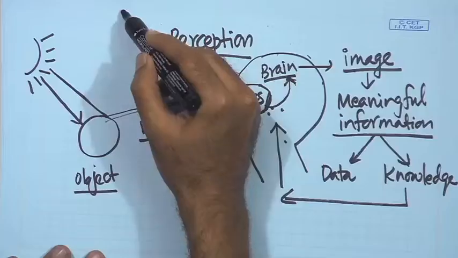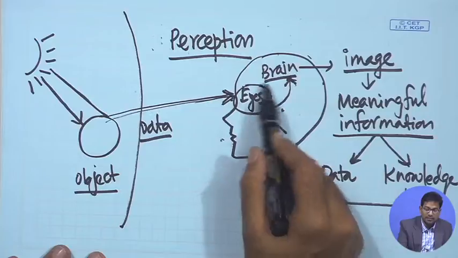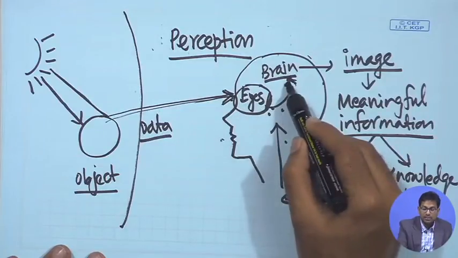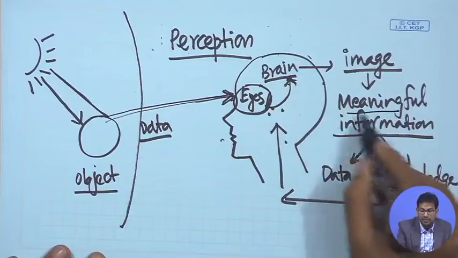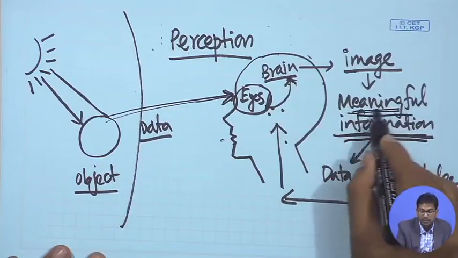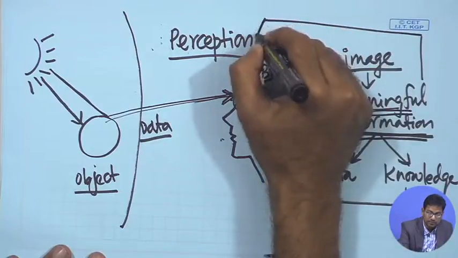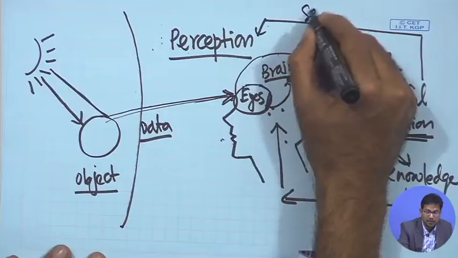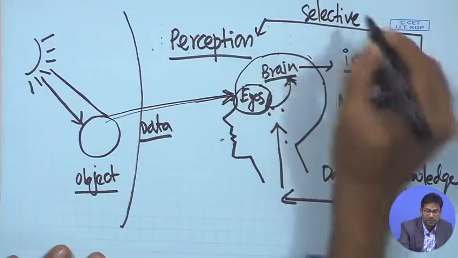What that essentially means is, when you are looking at the entire environment, all of the light rays are hitting your eye, reaching your brain, and the image is processed, and that leads to some kind of meaningful information. This information is selective, and it forms your perception, which is very selective in nature.